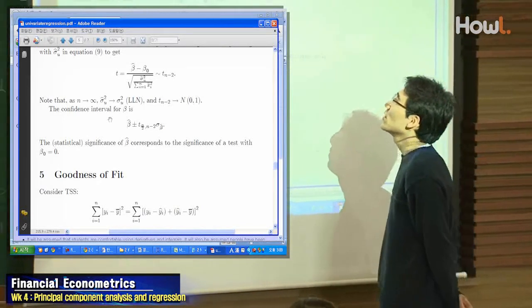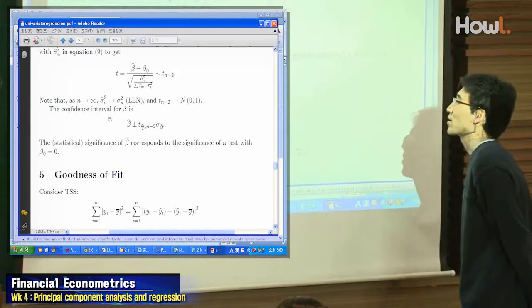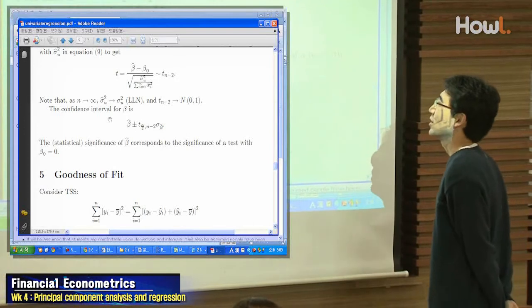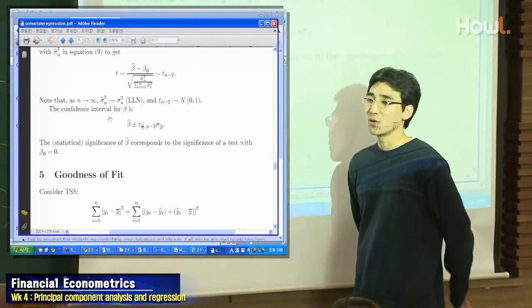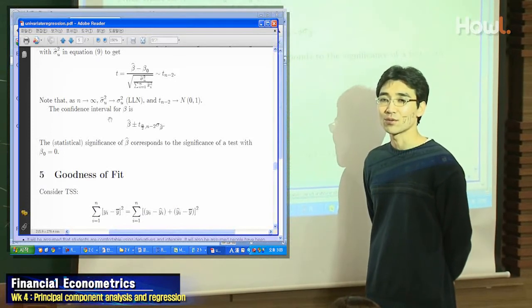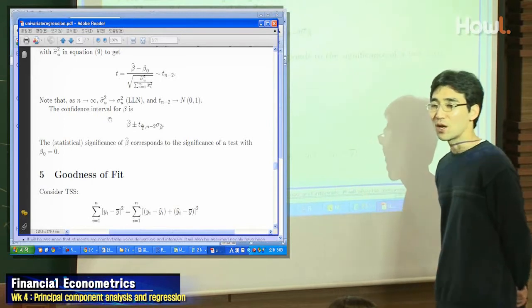So if our hypothesized value, beta 0, is within this interval, we cannot reject the null hypothesis.